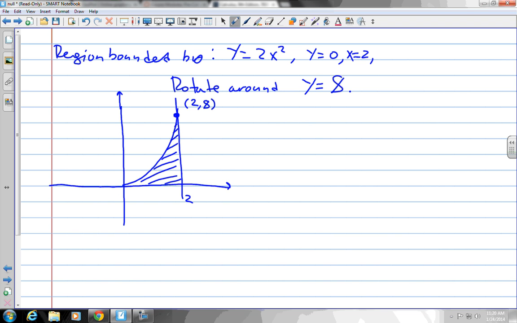Okay? Now the axis of rotation is y equals 8. So we're actually rotating around this line. So it will go up like that. We'll end up with this type of shape. This is the rotation.